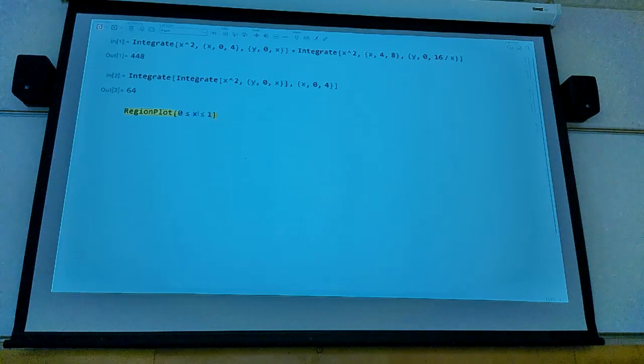I'm sorry, outer bounds are for y, not x. I don't want a comma. Double ampersand. And x went from 3y to 3.